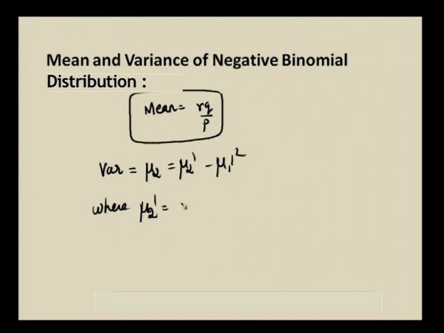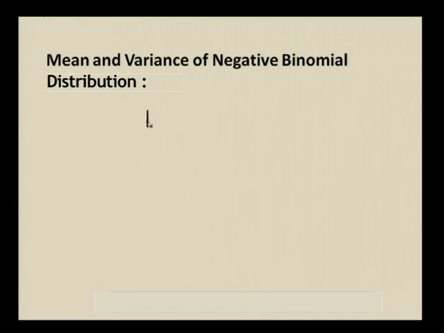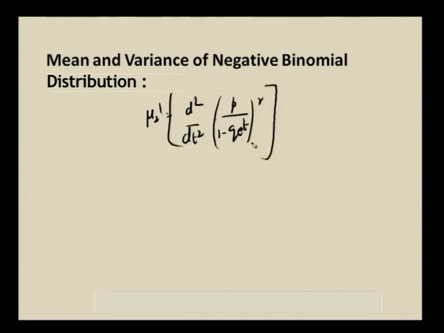Mu 2 dash is d square by dt square of mx of t at t is equal to 0. Mu 2 dash is equal to d square by dt square of mx of t, which is p by 1 minus q e power t whole power r, at t is equal to 0.